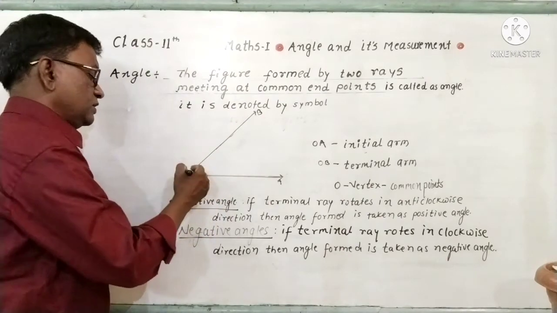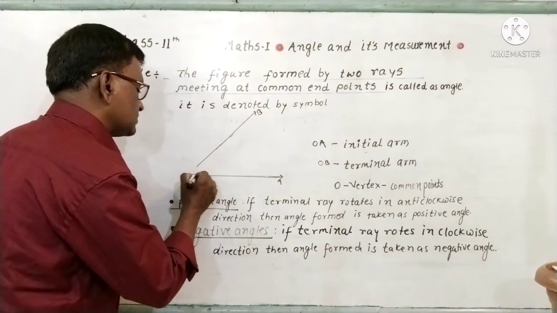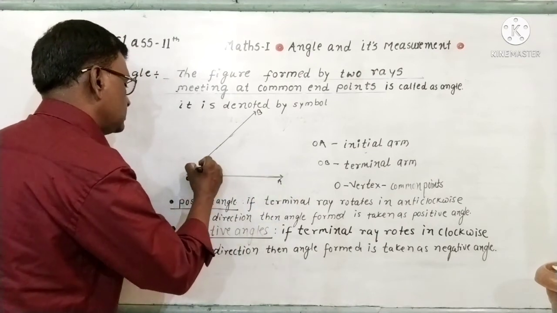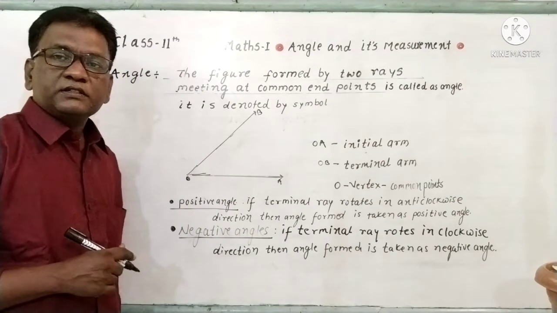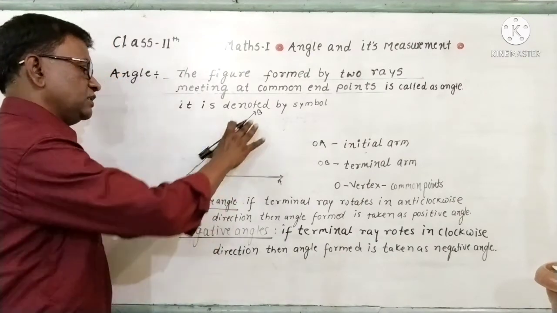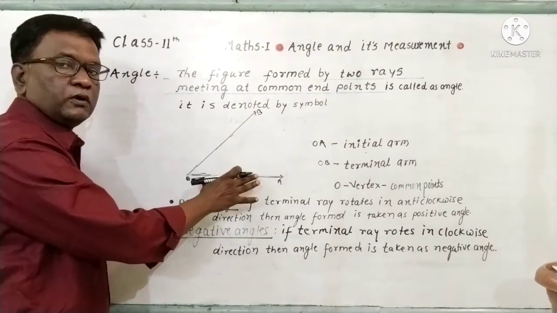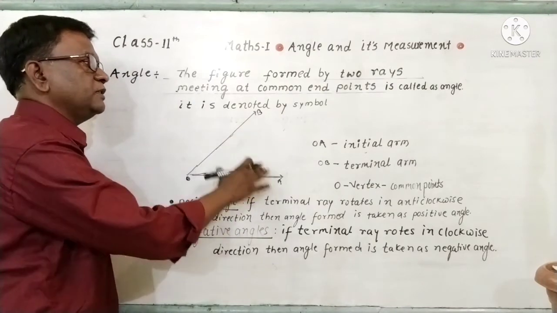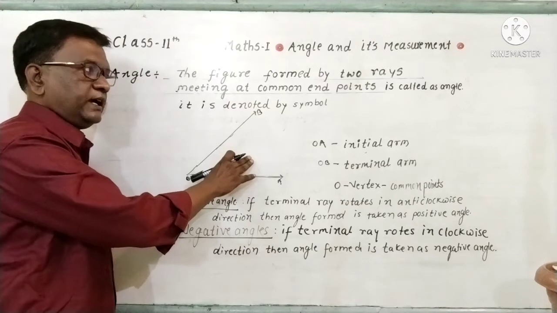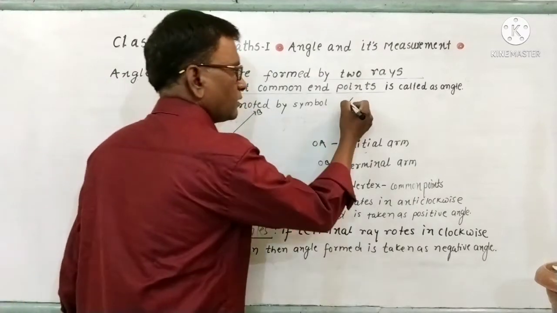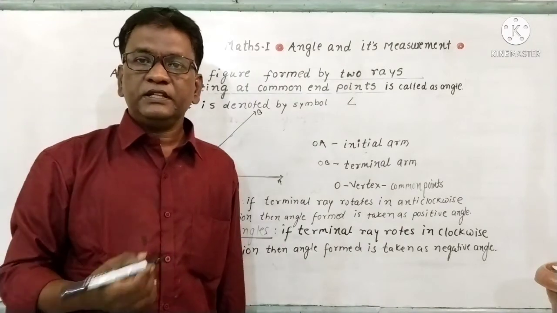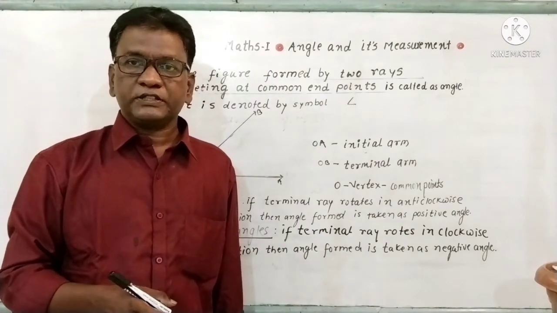So OA is known as the initial arm and OB is known as the terminal arm, and by the meeting of these two arms or rays at a common point, the figure formed is known as an angle. It is denoted by this symbol, and it is measured in degrees by using a protractor.